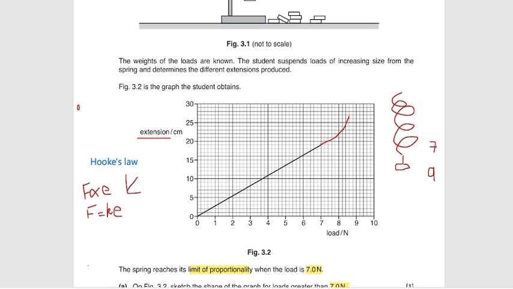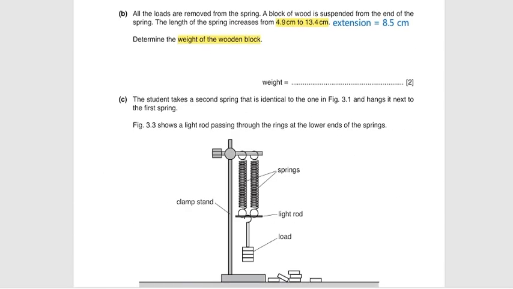Now that I have gotten my extension, that is 8.5, it's almost around till this part, and then it's 3.2 here, so it's almost 3.1 to 3.2. You can write any number. I'll just go with 3.15 to be safer. 3.15 Newton.